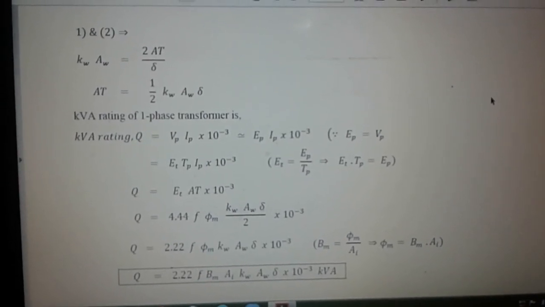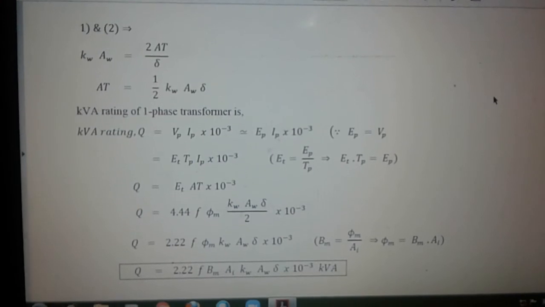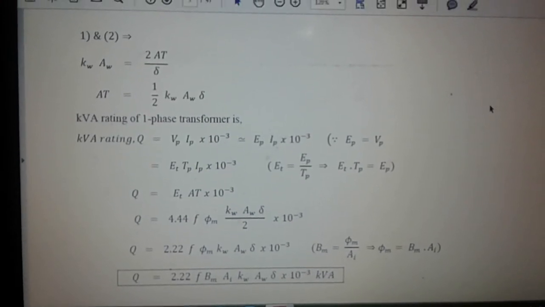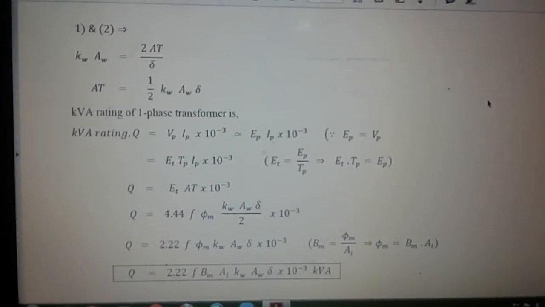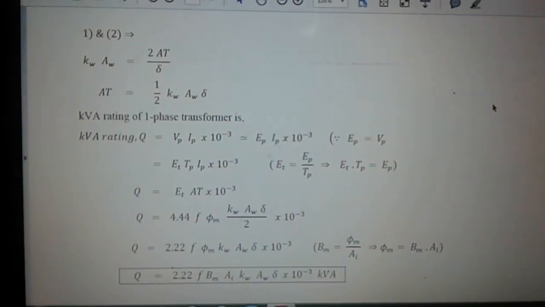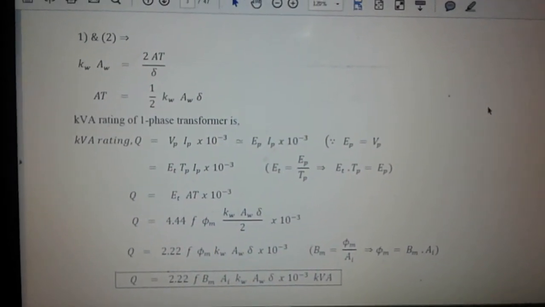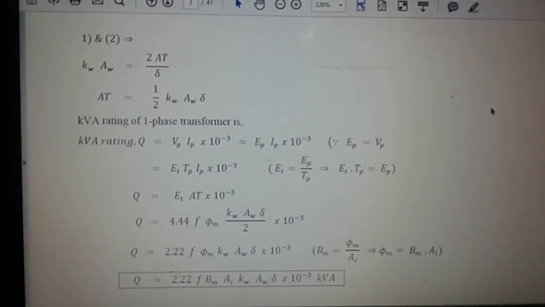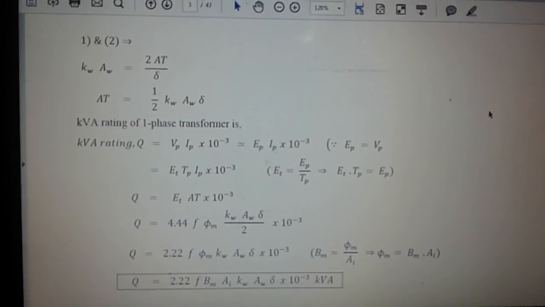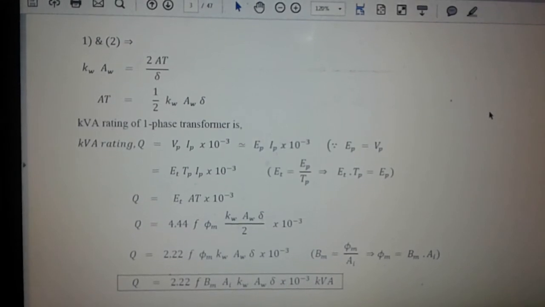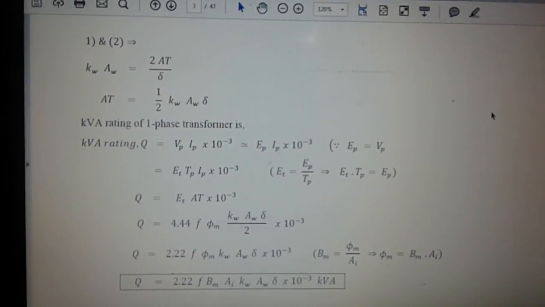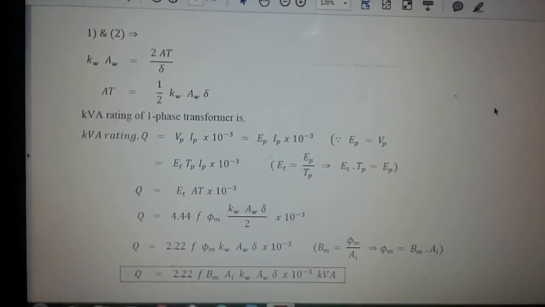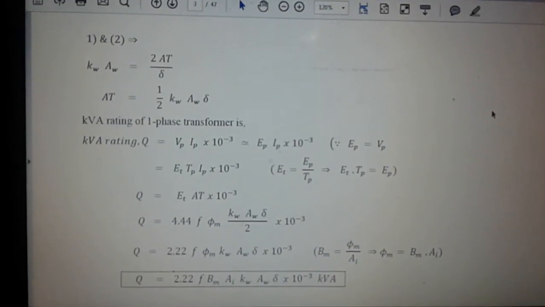We know that the kVA rating of the single phase transformer is Vp Ip into 10 power minus 3. For converting into kVA, we multiply by 10 power minus 3. The primary winding voltage Vp is Et into Tp. Et is the EMF per turn, which multiplied by the number of turns gives the total voltage on the primary winding.